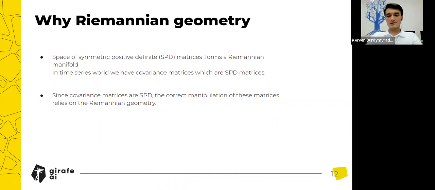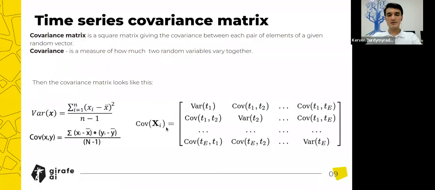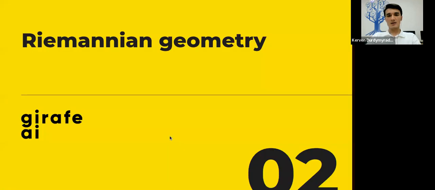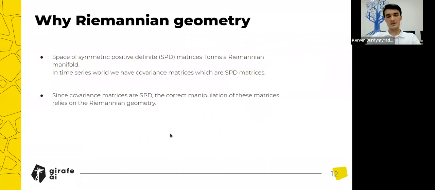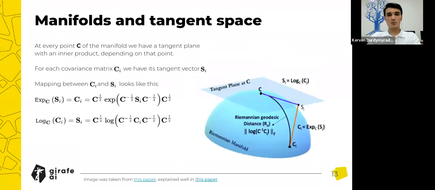And as I mentioned here, we are taking the covariance matrix of our data, and these covariance matrices are symmetric positive definite matrices. That's why the covariance matrices make a manifold of Riemannian geometry.